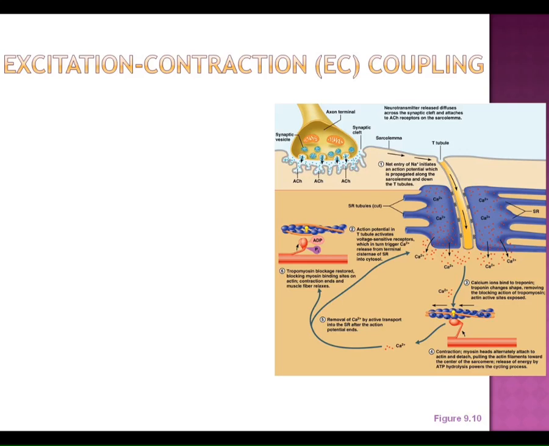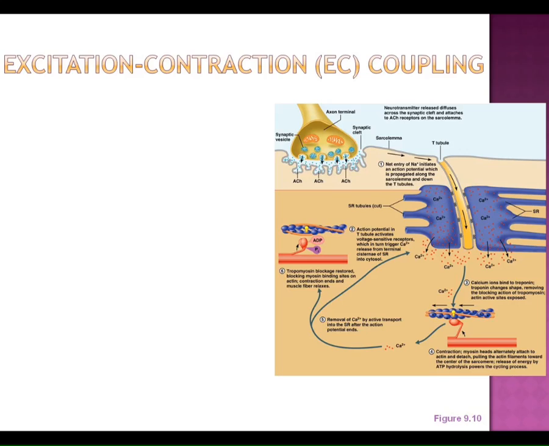Now that we depolarize the cell membrane of the muscle, because this is a muscle now, it's called the sarcolemma. We carry that charge down the T-tubule. When that stimulus is coming down the T-tubule, calcium is released into the sarcoplasm. When calcium is released into the sarcoplasm, what happens?